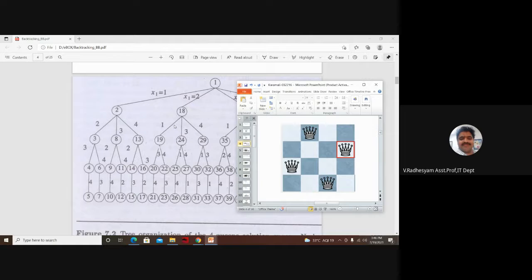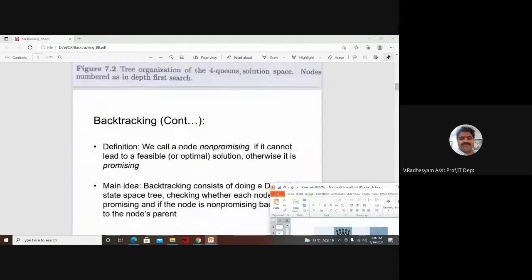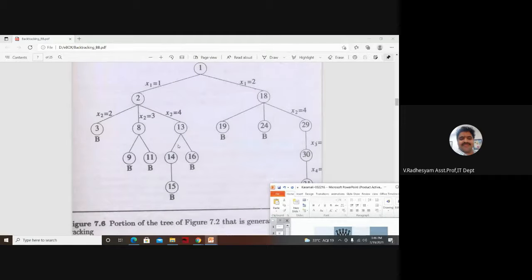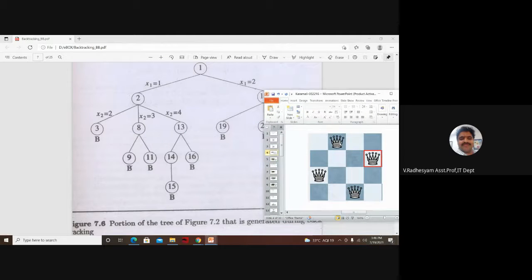Now, among all the possibilities, we'll take only a few. Few branches only we'll consider. What are the branches we have considered? Let us see. If x1 is placed in the first column, x2 can be placed in the second column.